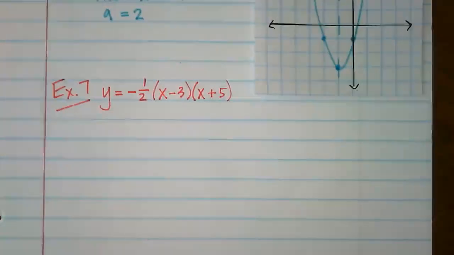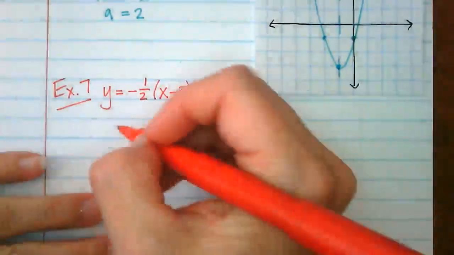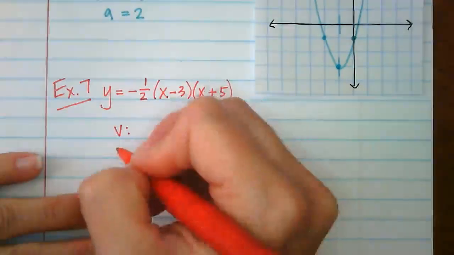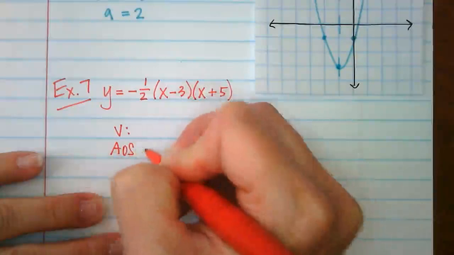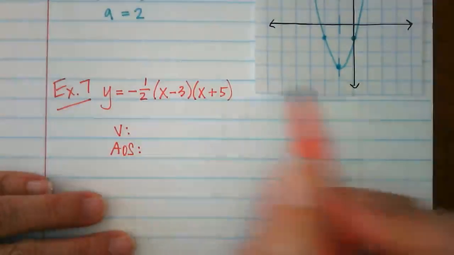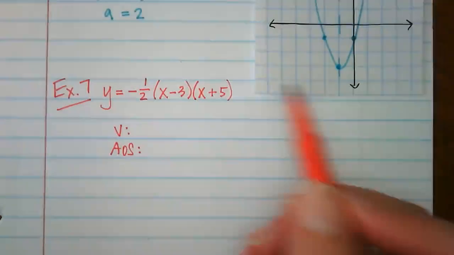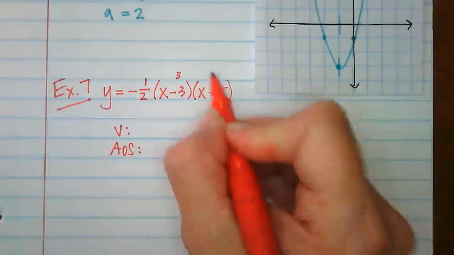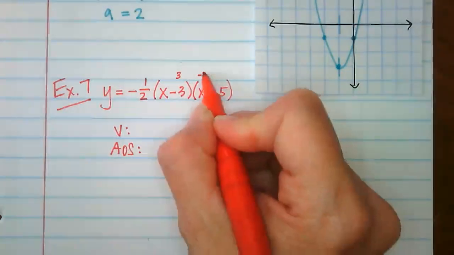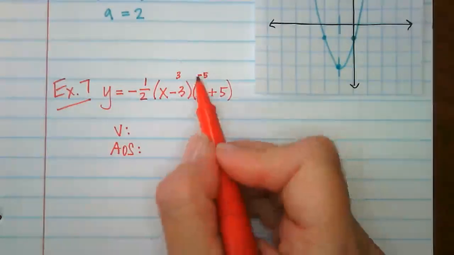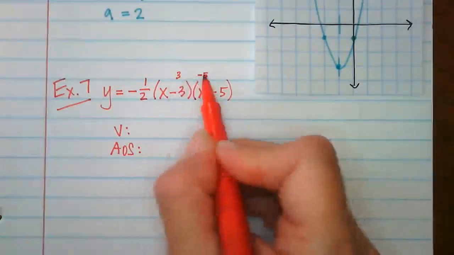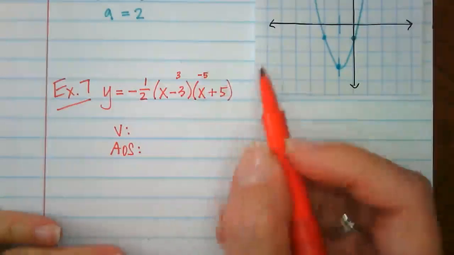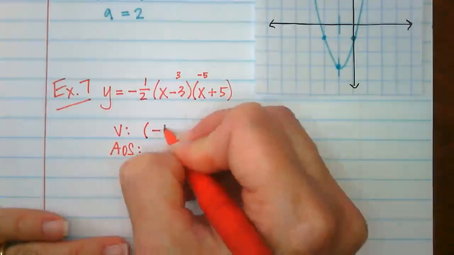This one is in intercept form. So first thing we need to do is identify the vertex and the axis of symmetry. In figuring out the vertex, we know that this x-intercept is 3. This one is at -5. If I average these together, or figure out where the middle is, I am getting -1.